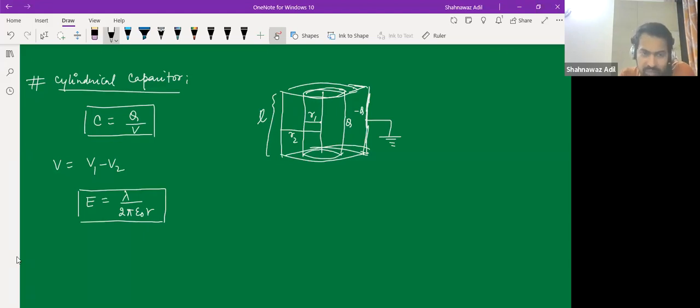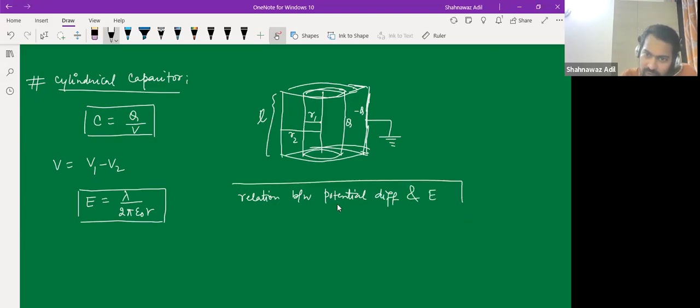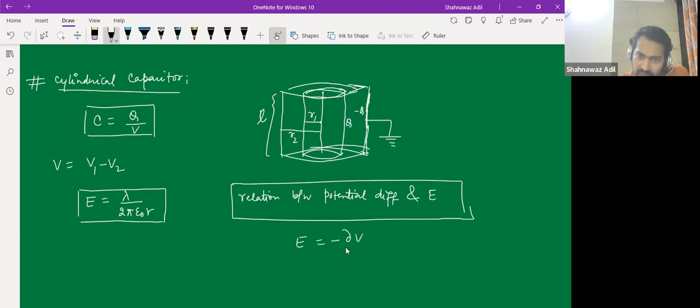Can you tell me what is the relation between potential difference and electric field? We did this part extensively. Can you recall? E is minus dV by dr. This is the electric field as the gradient of potential.